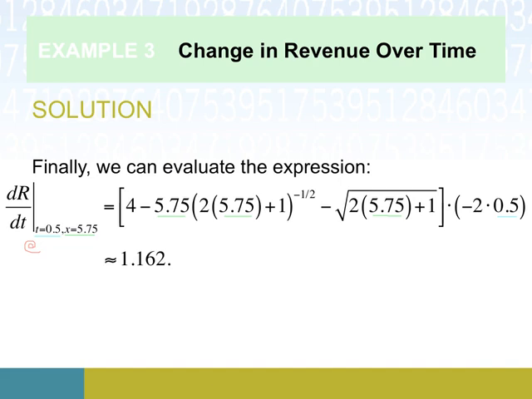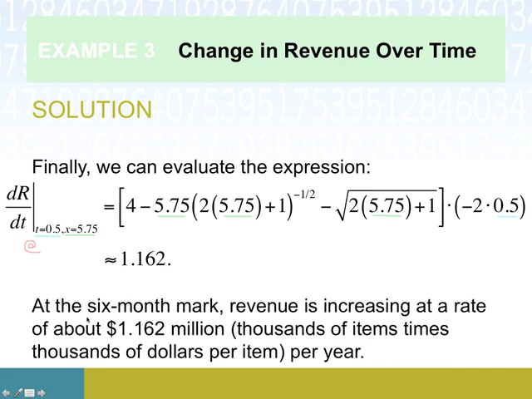And then as usual, one of the more challenging things is just getting some units on this. But we'll remind ourselves, we go back to revenue, we go back to time. Those tell us the units on this, because it's going to be revenue units per time unit. So at the 6-month mark, that's reminding us that t equals 0.5 was our input. Revenue is increasing because our derivative is positive at a rate of about, and here we have a little bit of work to do, $1.162 million is the claim.